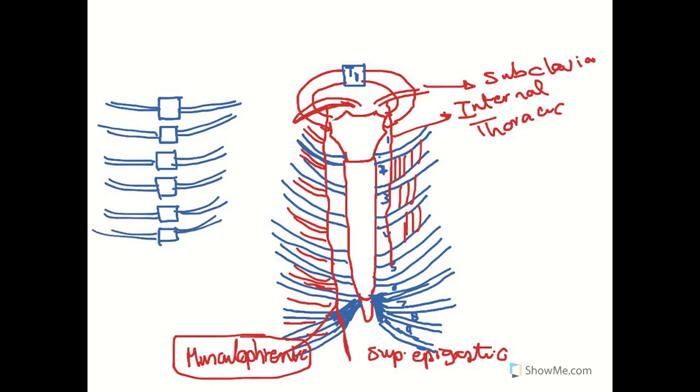Let's say this is T1, 2, 3, 4, 5, 6, 7, 8, 9, 10, and all these ribs attach posteriorly here.